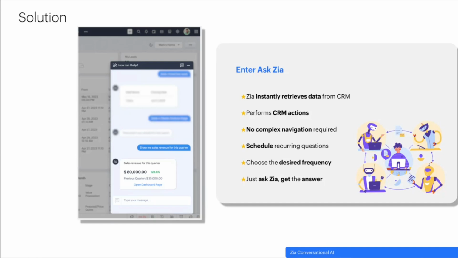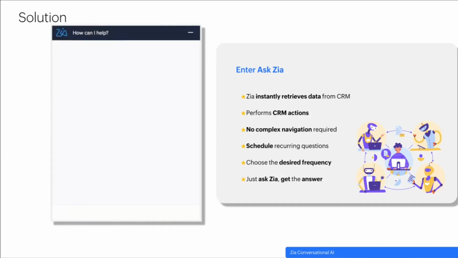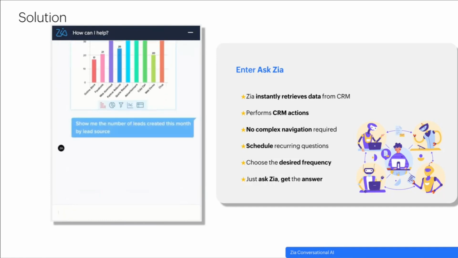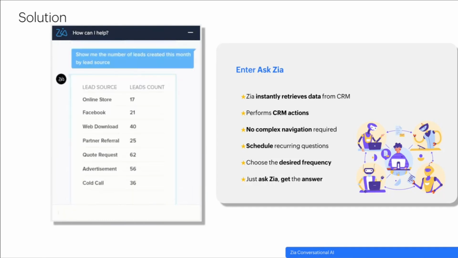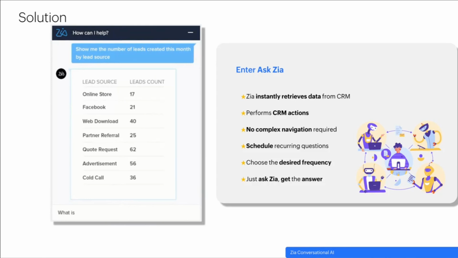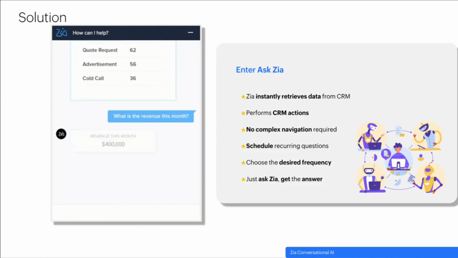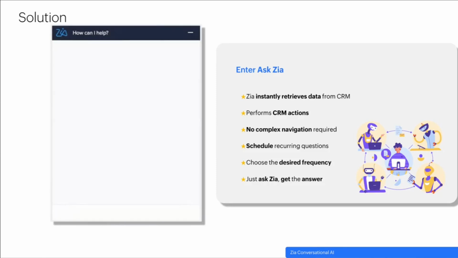But the prowess of Zia doesn't just end at data retrieval, it extends to performing CRM actions too. A sales executive wishing to create a lead, contact, event, task, or say convert a lead can merely instruct Zia to do so. And the task is accomplished in a flash. This functionality not only streamlines the sales process but also empowers the team to focus more on strategic tasks.